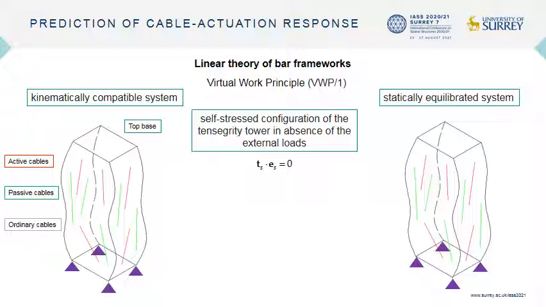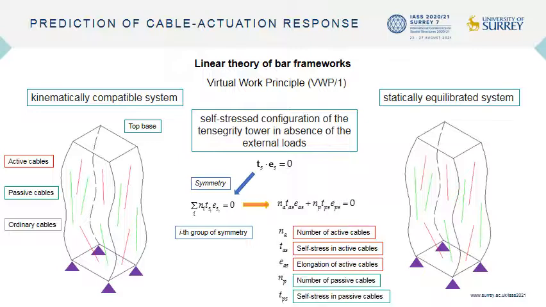Thus, it is possible to write the following equation, which can be simplified taking into account the symmetry properties of the structure. Moreover, since the elongation of the ordinary cables as well as of the struts in the self-stress states is negligible with respect to the elongation of active and passive cables, the equation can be rewritten as follows, and thus the unknown elongation of passive cables can be obtained by solving the equation.